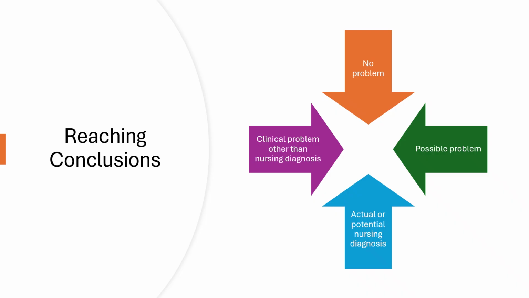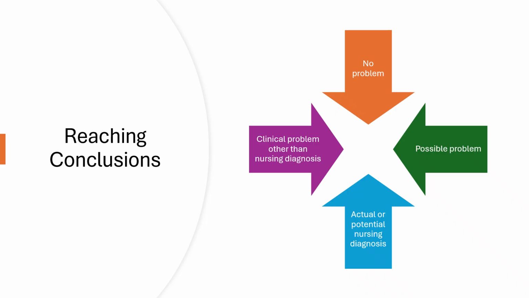You also may come to the conclusion of an actual or potential problem. This is where you'll need to document the nursing diagnoses, begin planning and implementing care, and collaborate with other healthcare professionals. And if the patient refuses care, ensure they understand the risks and the outcomes.